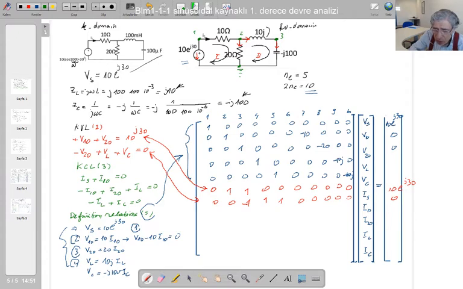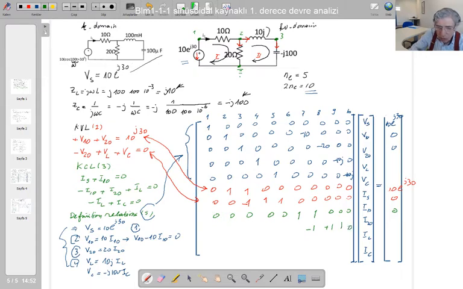IS is the sixth one, isn't it? 1, 2, 3, 4, 5, 6. IS is plus, and minus 10 is plus. Both of them, the coefficient is plus 1. So the 0, 0, 0, 0, 0, 0, 0, 0, 0. That's this one. So minus 10 is the fourth one from the left. 1, 2, 3, fourth one, minus 1. Minus 1, plus 1 for I20, and plus IL for the inductor.